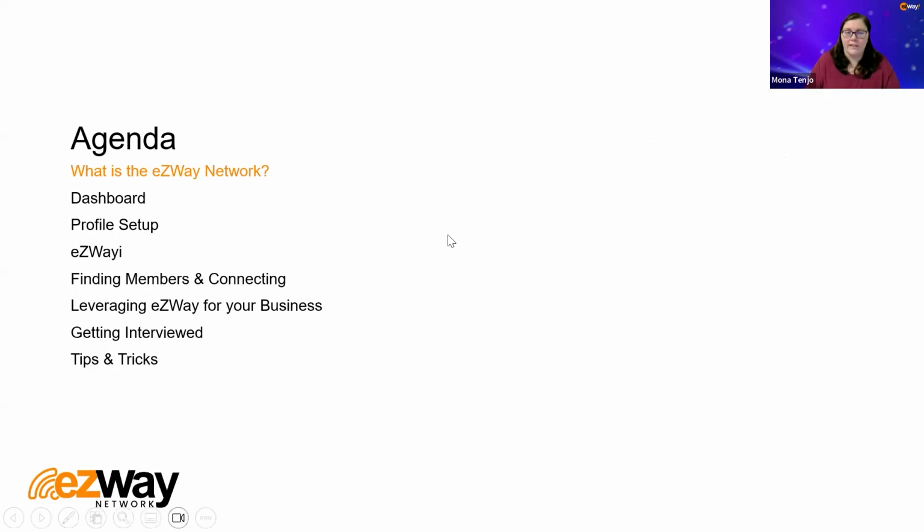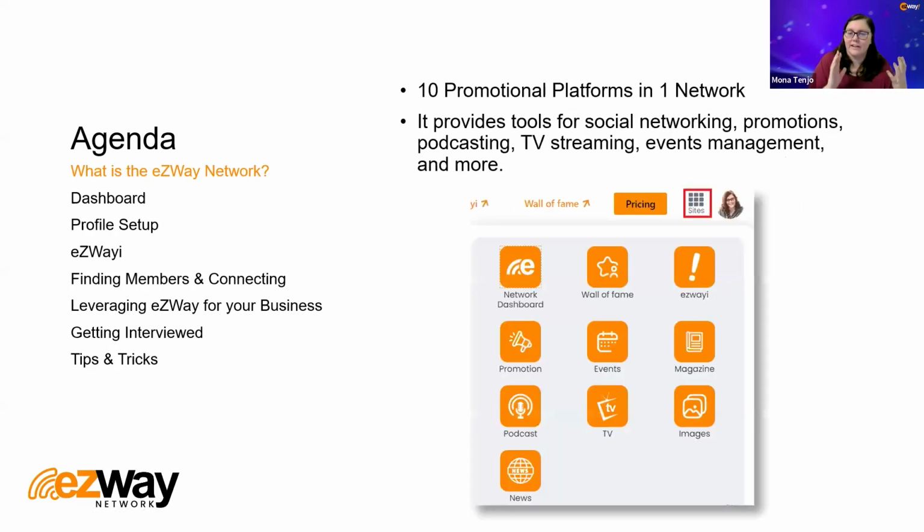Now, another thing you want to know is that with eZWay, you have 10 promotional platforms in one network. Instead of having different accounts and different platforms and having to remember all your logins, you basically have one access to a variety of tools, which are for social networking, for promotions, for podcasting, for TV streaming, for events management, and even more, right?